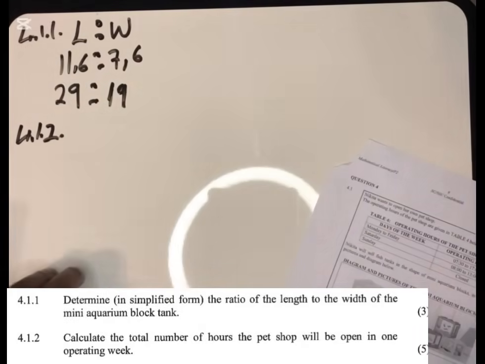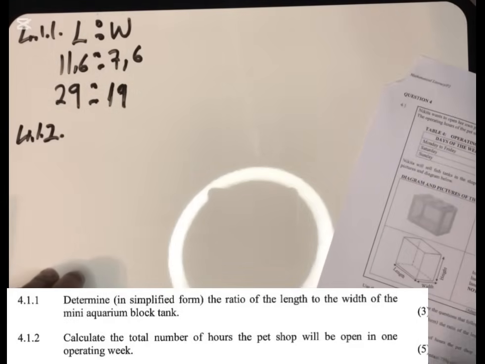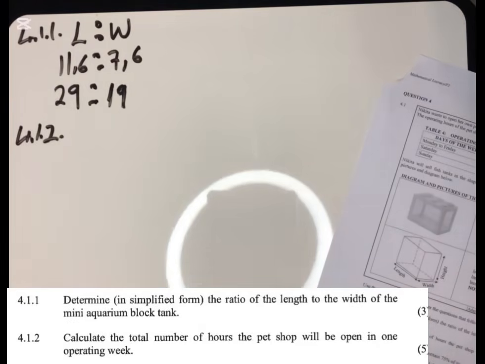Question 4.1.2 says, calculate the total number of hours the pet shop will be open in 1 operating week. Meaning we have to check how many hours it is going to be working in 1 week.